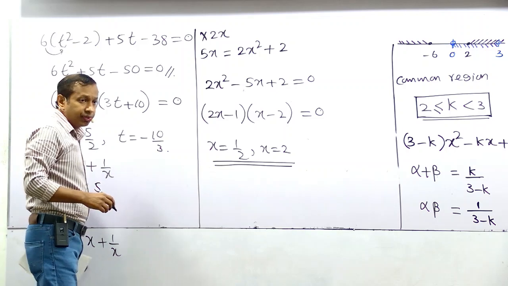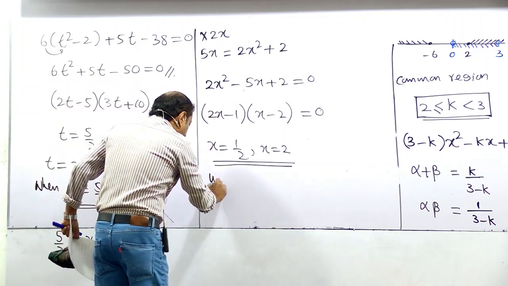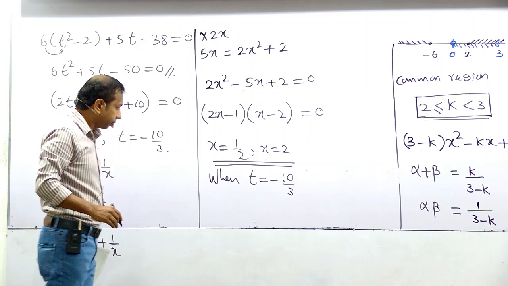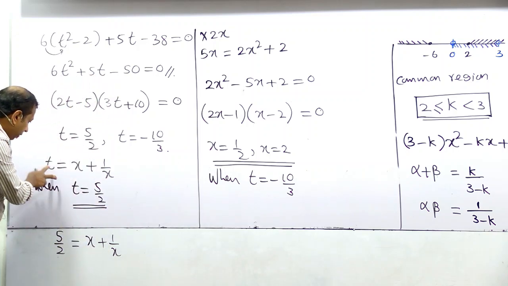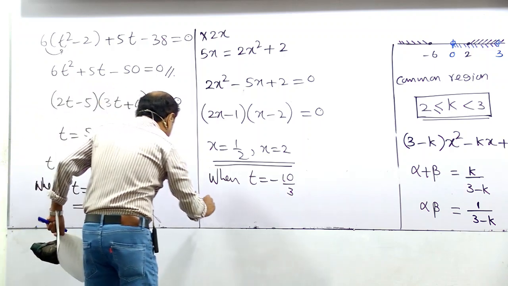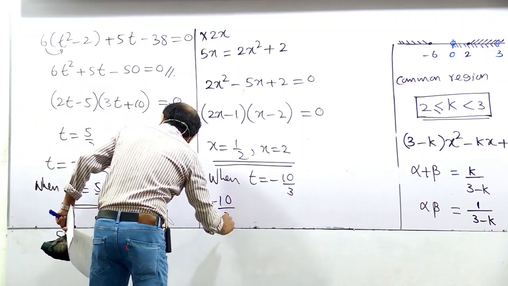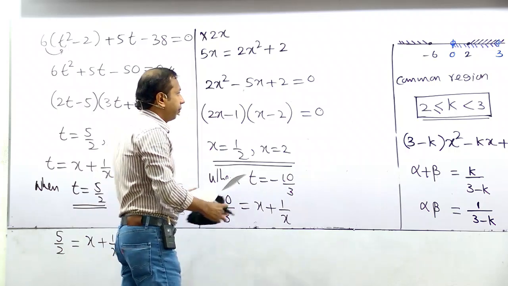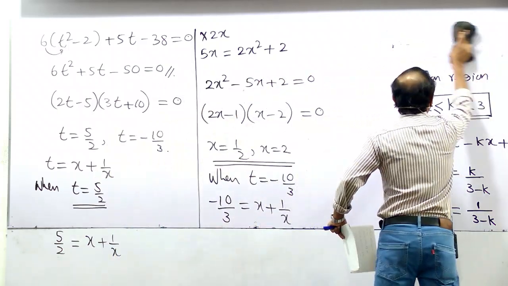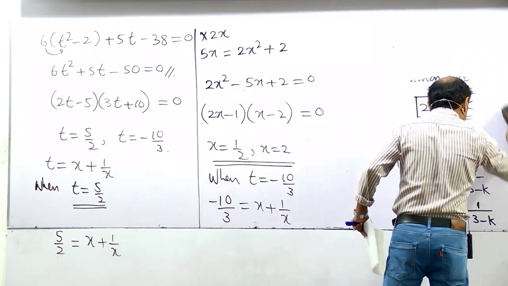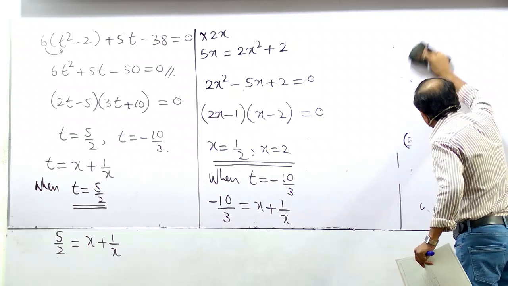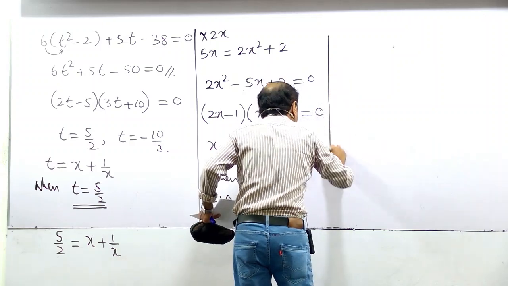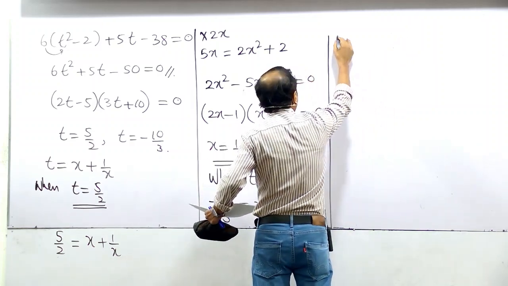Secondly, take t equals minus 10 by 3, right? Put that where? Here: minus 10 divided by 3 is equal to x plus 1 over x, like this. Right, now multiply this by 3x.